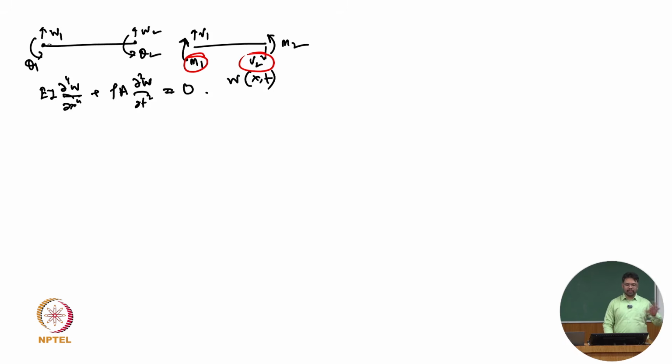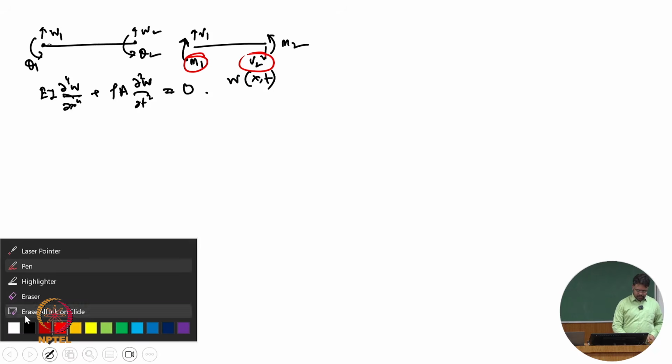Other things are just correlated, directions are same, but M1 and theta1 are not in the same direction, they are in the opposite direction, and V2 and W2 are also in the opposite direction. So here we need to do something, but once we do it, we can check that. So first we don't need to be worried with this.